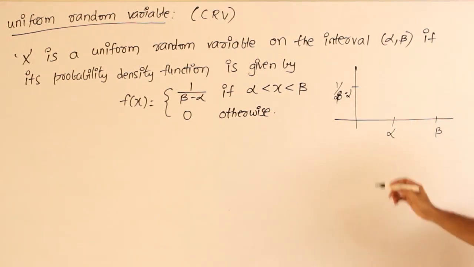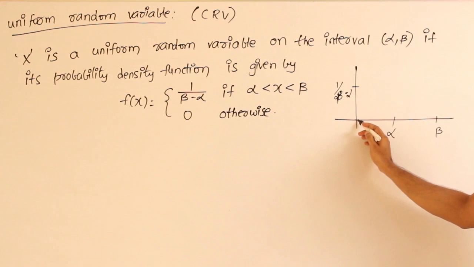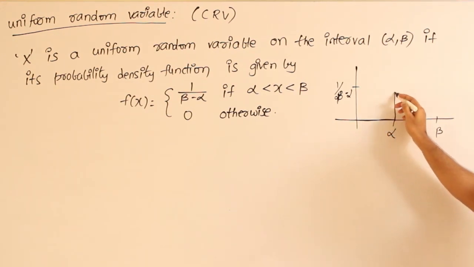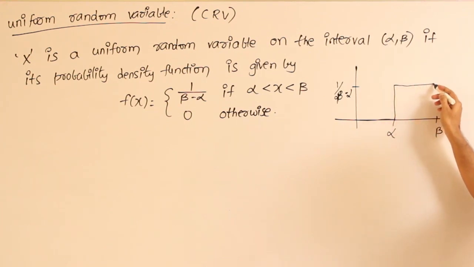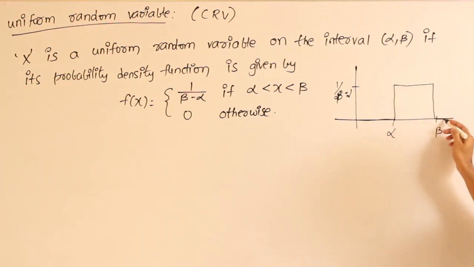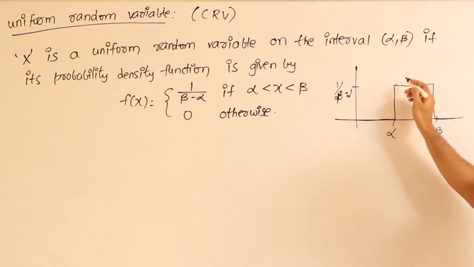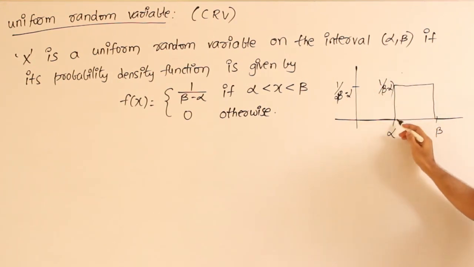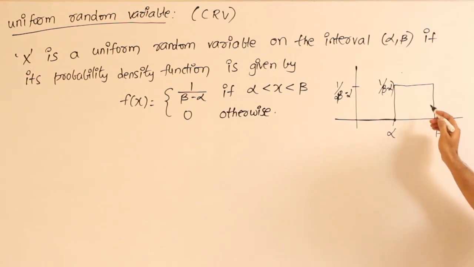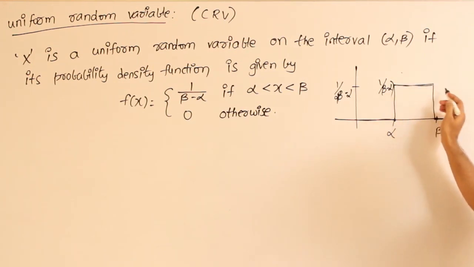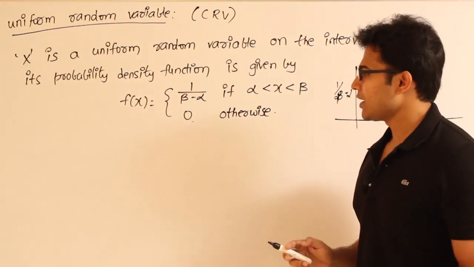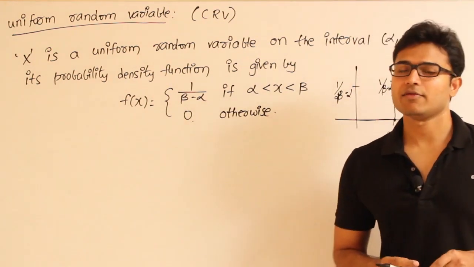Our random variable will be 0 till this part, and between alpha and beta it will take a uniform value, which means it will continuously be 1 by beta minus alpha. So between these 2 points it will be uniform, and for all the other points it is 0. Got it? Such a random variable is called a uniform random variable.